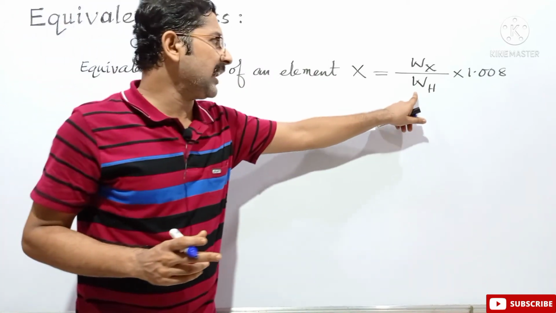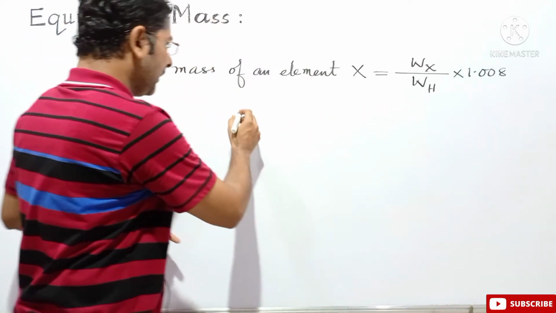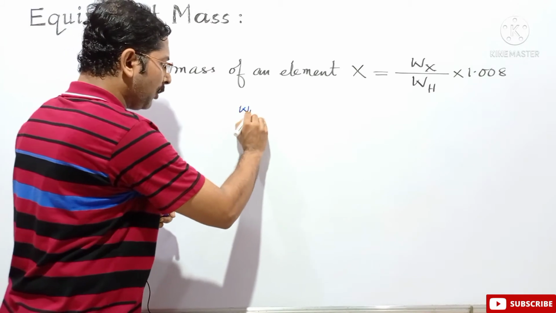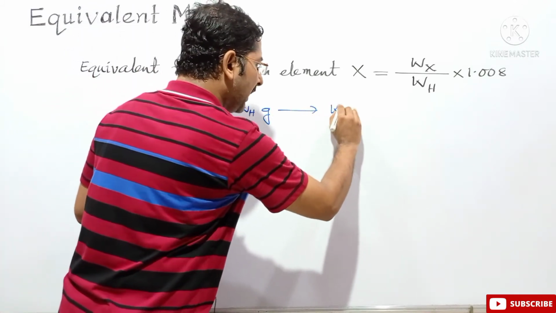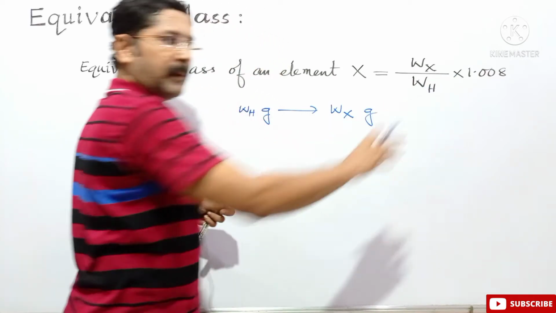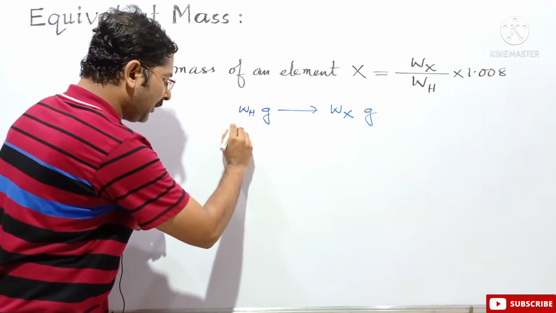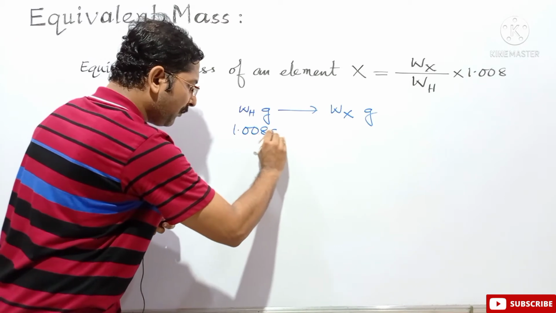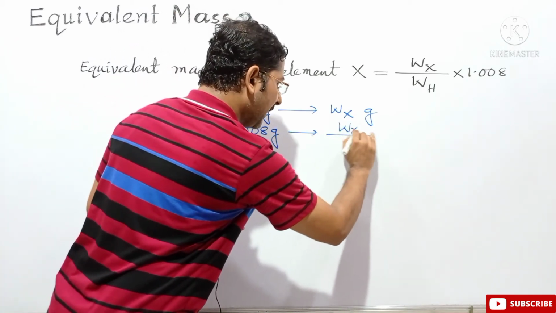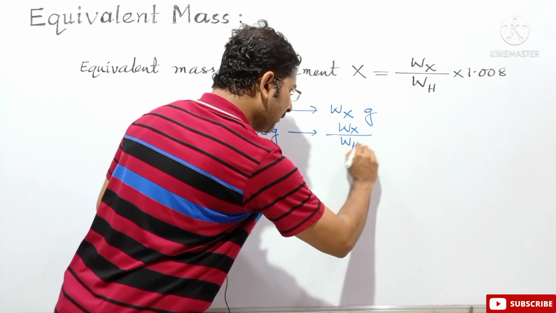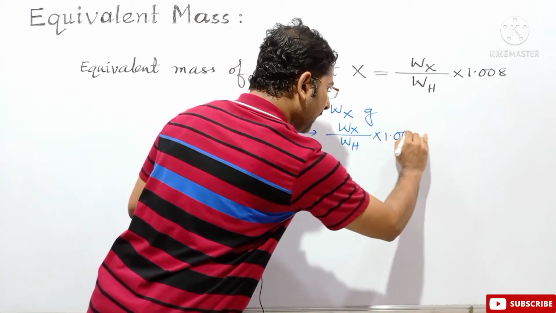You can simply calculate it by the unitary method. Say Wh gram of hydrogen combines with Wx gram of the element, so 1.008 part of hydrogen combines with obviously Wx divided by Wh into 1.008.